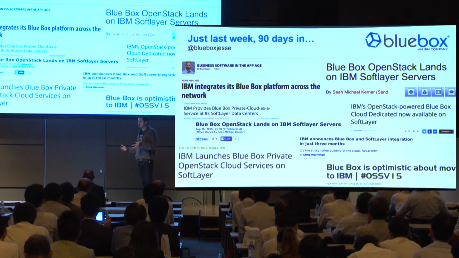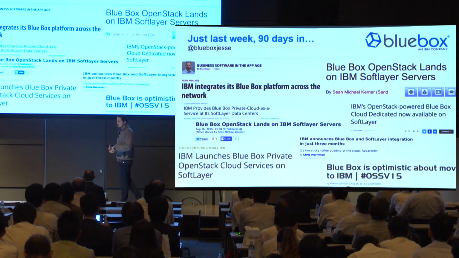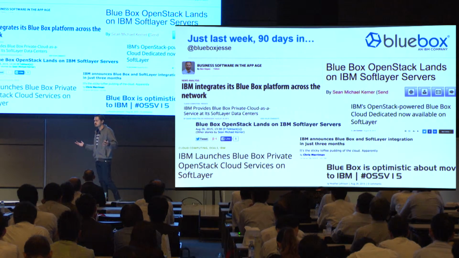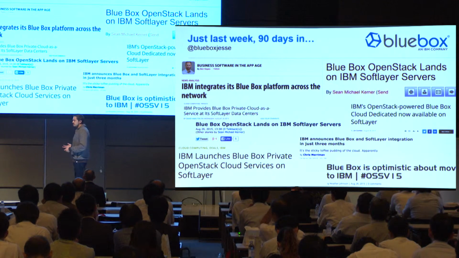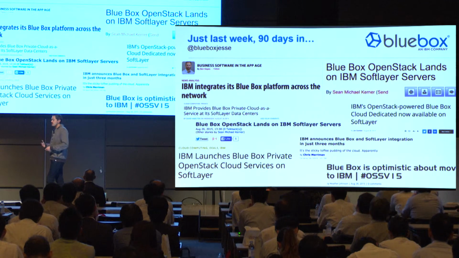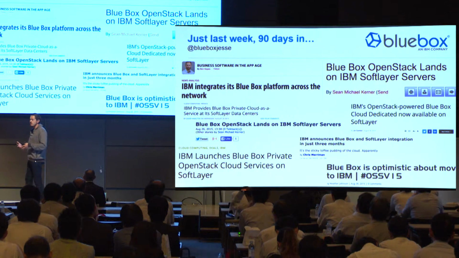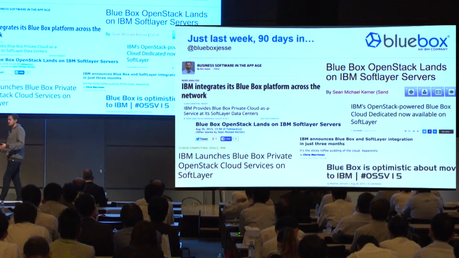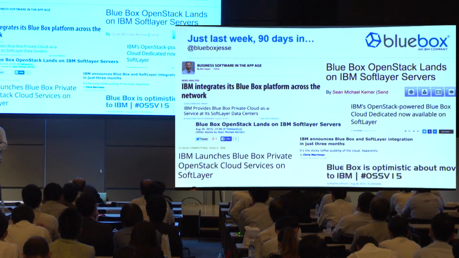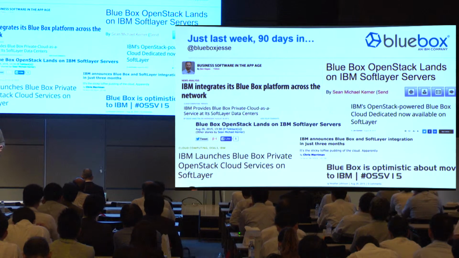And it brings the Blue Box Cloud platform to a much more global audience. So the 27 SoftLayer data centers that exist around the globe can now have this same capability running inside of them, and the customers in geographies that Blue Box historically was unable to access now have access to our offering.